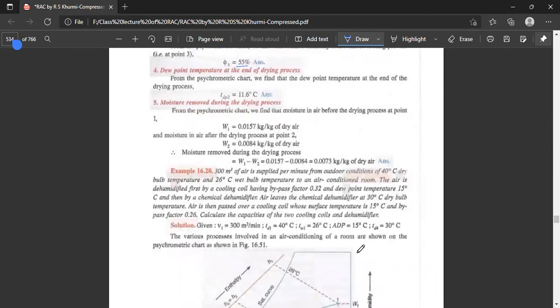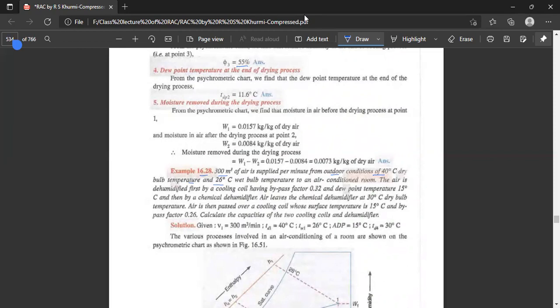Next comes another problem, problem number 28. 300 cubic meters of dry air is supplied per minute from outdoor conditions of 40 degrees centigrade dry bulb temperature and 26 degrees centigrade wet bulb temperature to an air conditioned room.